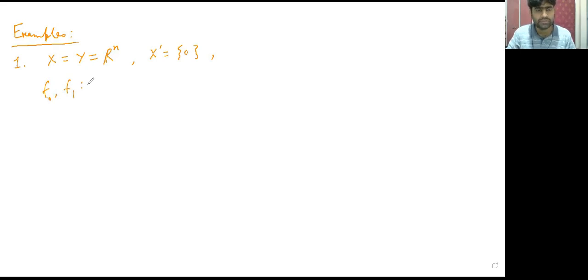from R^n to R^n is defined by f naught of x equal to x and f1 of x equal to 0.